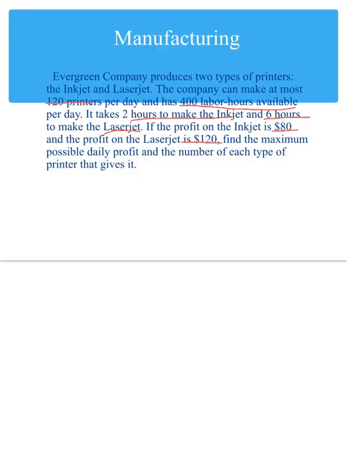So I'm going to go ahead and get you started, and then I want you to do the rest of the problem on your own. We know that we've got two different types of printers. For the sake of this problem, let I be the inkjet, and let L be the laserjet. I think that will help you as you go to solve this. We know the profit on the inkjet is 80 and the profit on the laserjet is 120.